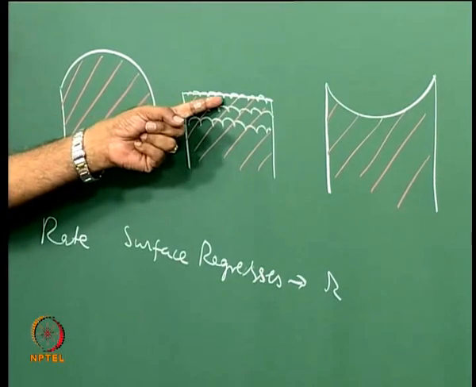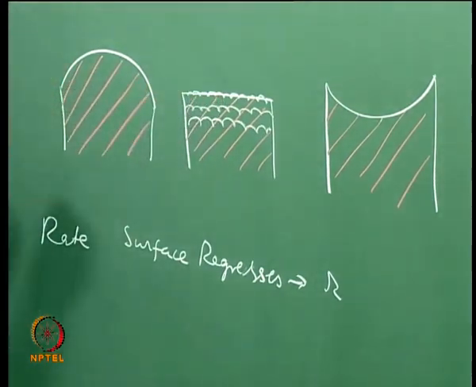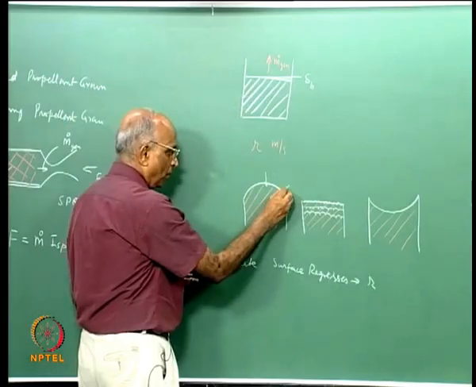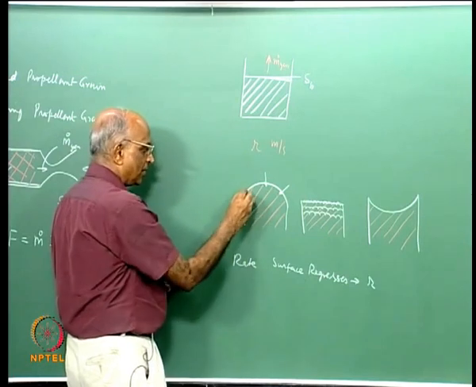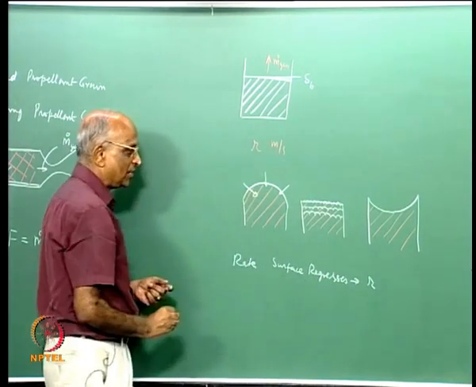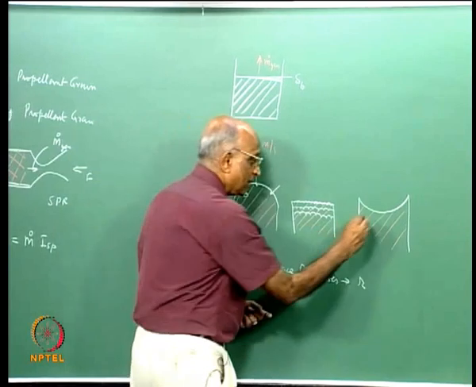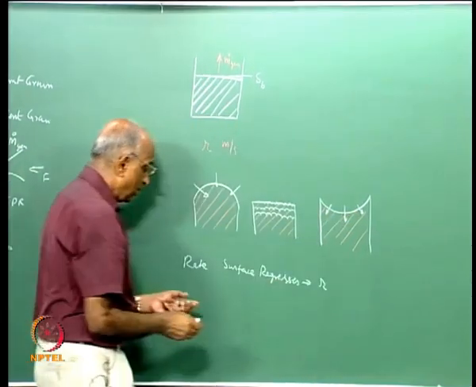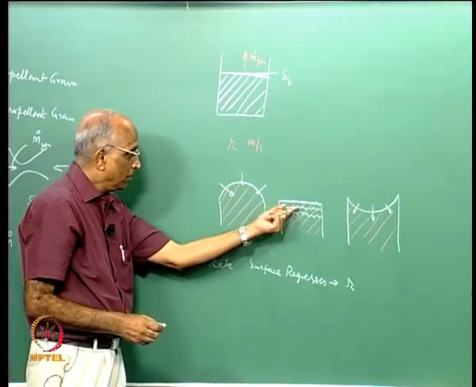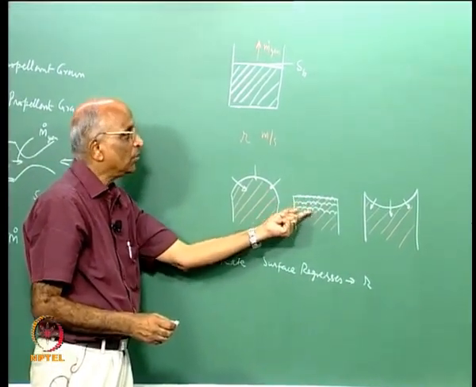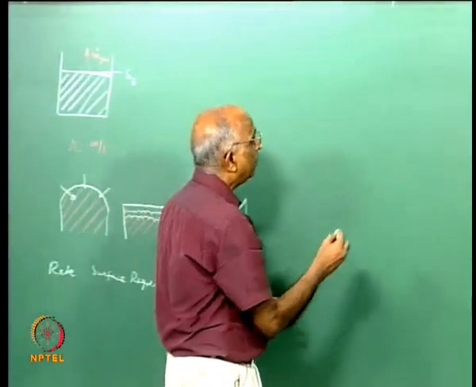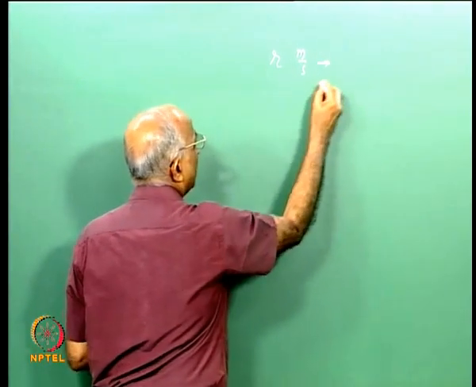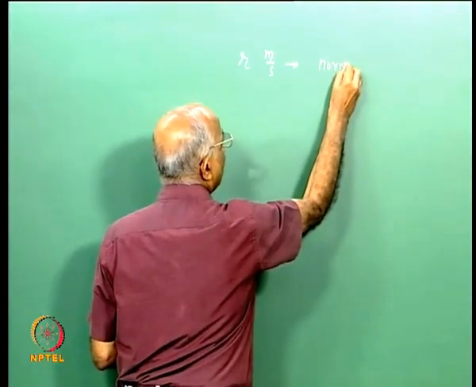But it must be normal to the surface, and that is why I made these drawings. Over here the surface regresses in this direction, over here in this direction, over here in this direction. Whereas in this case the normal to the surface is what constitutes the burning, therefore we call burning rate as something normal to the surface. When I say a propellant burns at the rate r meters per second, I assume that the burning is normal to the surface.